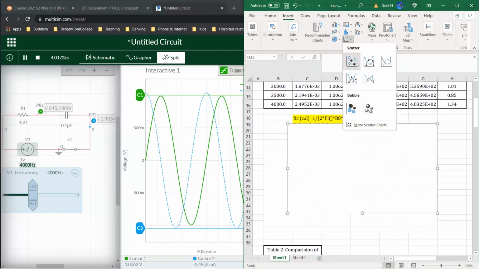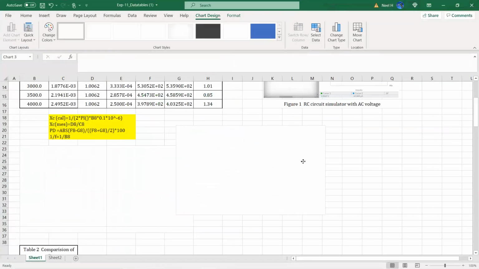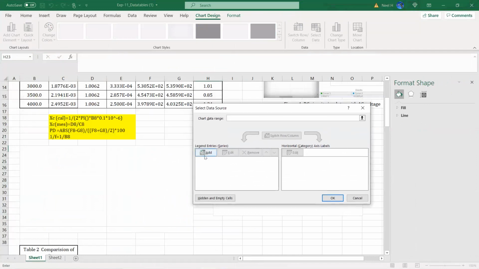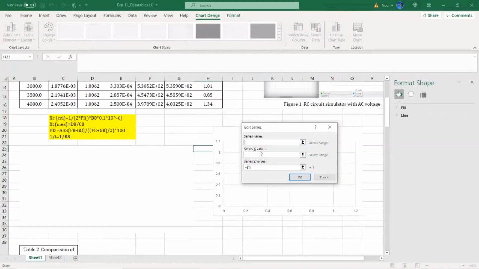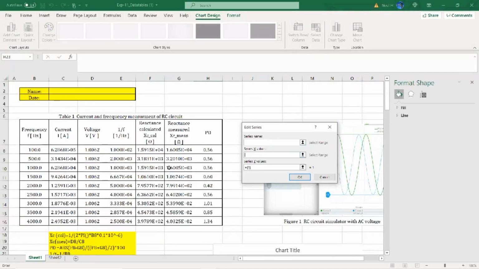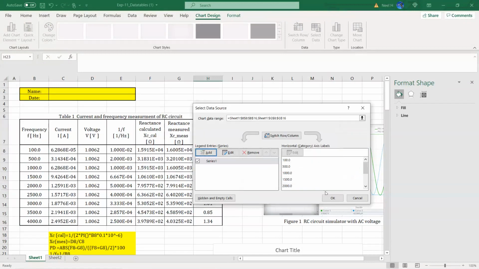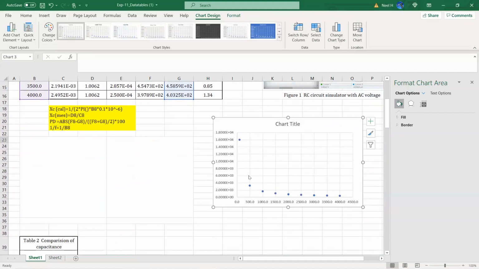We'll do a scatter plot without any data, and then we'll add the data, select, add, and the X values in this case are going to be frequency for case 1, and the Y values we'll put the measured values, okay, because the calculated values would be more accurate. Measured values, click OK, click OK. That should be inverse proportionality, looks good. Started at very high and then decreasing rapidly, right?